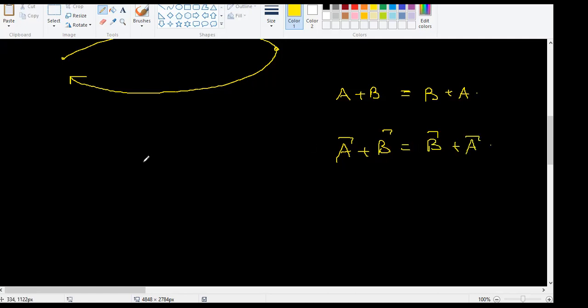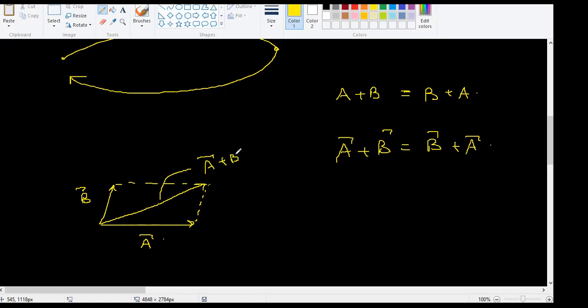So how do I know that? If I take A vector here, and then B vector here, A vector is like this. So my resultant is going to be somewhere here. So this is my A vector plus B vector, vector addition.